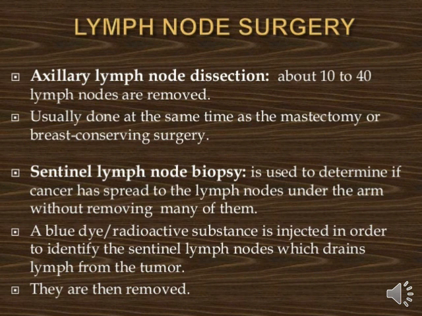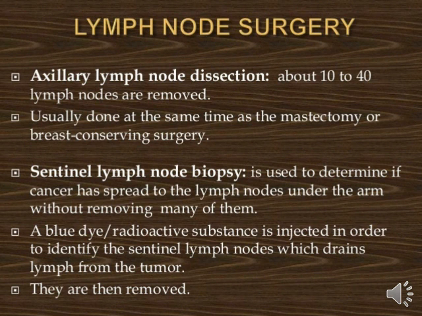Now the second kind of lymph node surgery is sentinel lymph node surgery, used to determine if cancer has spread to the lymph nodes under the arm without removing many of them. A blue dye or radioactive substance is injected in order to identify the sentinel lymph node, which drains lymph from the tumor. They are then removed. We perform this surgery if the cancer or tumor is spreading to the lymph nodes under the arm.